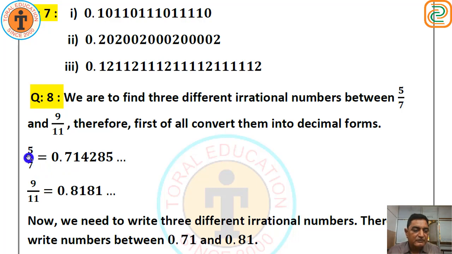This is fraction form and this one is decimal form. 5 upon 7, if we divide by 7, we will get 0.714285714285. And 9 upon 11, we will get 0.818181818181. So we have to find the 3 irrational numbers between 0.71 and 0.81.